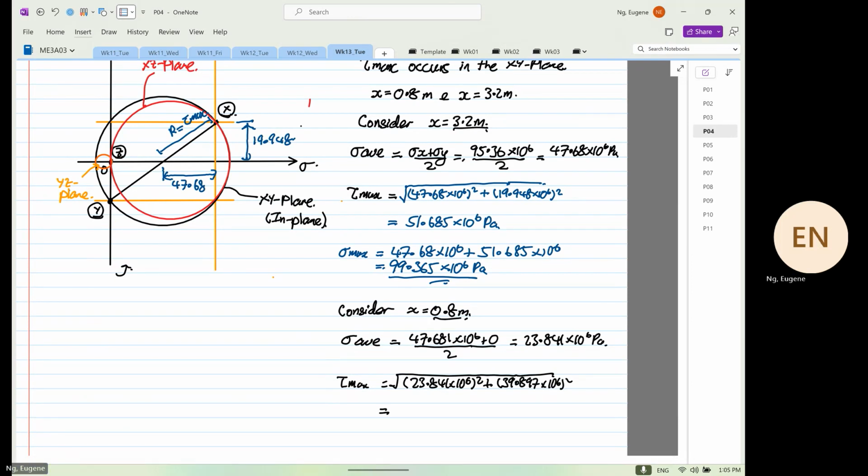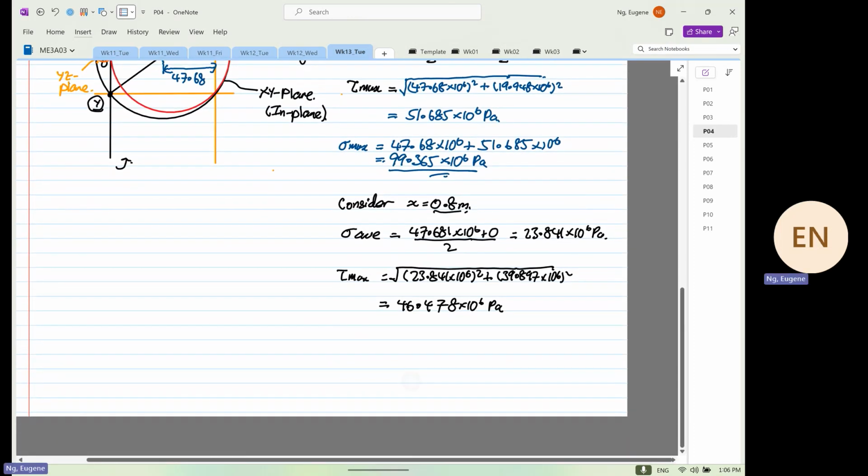So this will be equal to 23.841 power 6 squared plus 39.897 power 6 squared, square root of the whole thing, which is 46.477 or 46.478 times 10 to the power 6 Pascal.